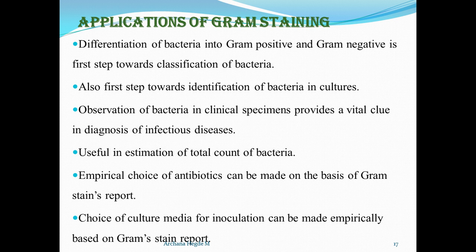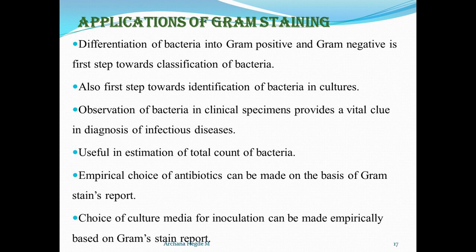Applications of Gram staining. Differentiation of bacteria into gram positive and gram negative is a step towards classification or identification of bacteria. Also, the first step towards identification of bacteria in cultures. Observation of bacteria in clinical specimens provides a vital clue in diagnosis of infectious disease. Whether it is a gram positive or gram negative bacteria can be identified.